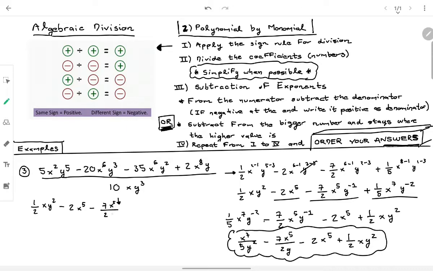Y, it's bigger on the bottom part, 3 minus 2 is 1, so it will be here. Plus, it's going to be 2/10, that it's 1/5, x to the 7th, because it's x to the 8 minus x. Y to the 3, it's bigger in the bottom part, so it will be 3 minus 1, so it will be y squared.